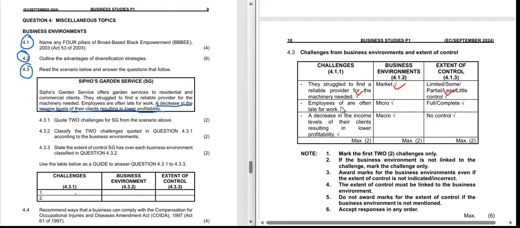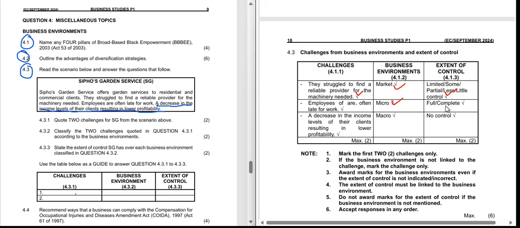And then another challenge here that we mentioned is employees are often late for work. So this is something that is happening internally. So the environment is micro environment, because it's happening within the business. And we know that as long as it's something that is happening within the business, the company has full control over it. You have complete control over your internal environment.